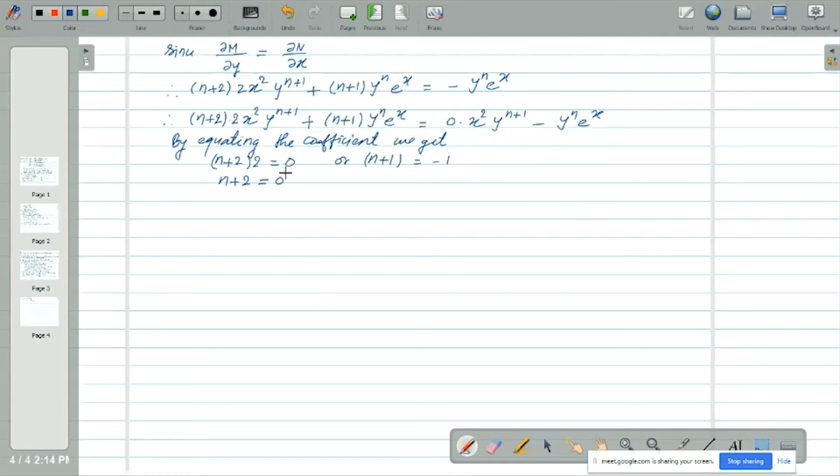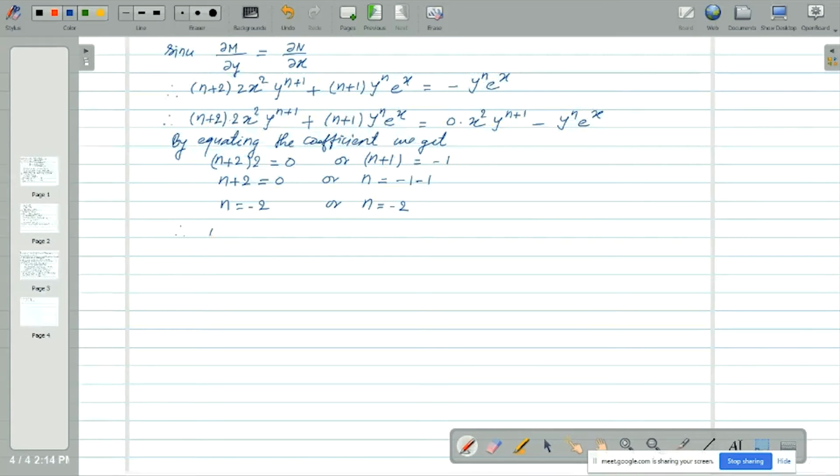We divide by 2, so again you get 0. Or you can say n equals minus 2. So ultimately you will get n equal to minus 2.